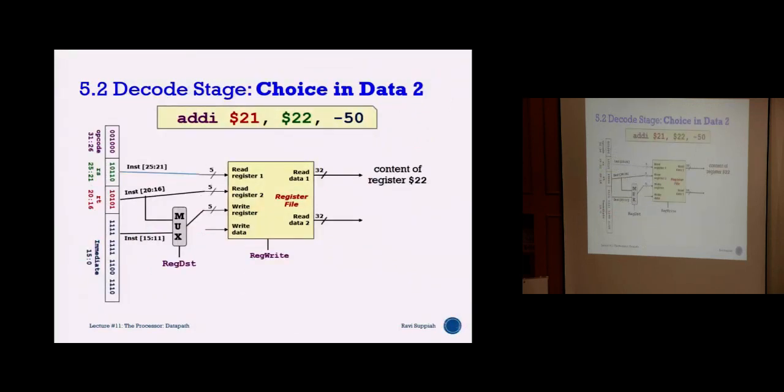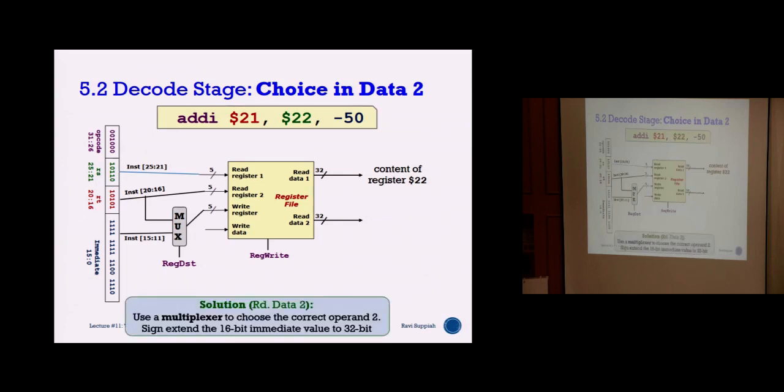Now the other thing is your data. If I look at this instruction again, what do you see? I have an add operation that I need to do, but in this case, one of the operands is my read register, which is obtained from my bit 25 to 21 here.